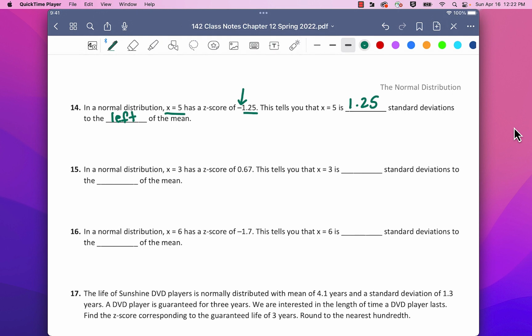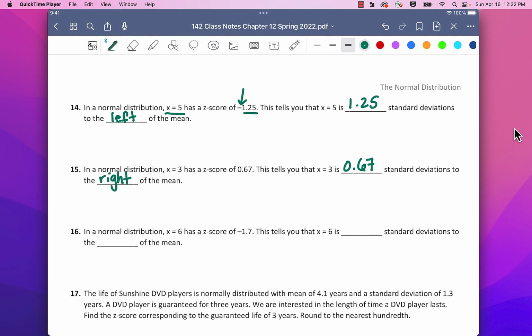The next two follow the same idea. In a normal distribution, x equals 3 has a z-score of, now it's positive, so note that, 0.67. This tells you that the data value x equals 3 is, and again we use the absolute value, just the distance, the magnitude of that z-score, 0.67 standard deviations. And then because it was positive, we know that was to the right of the mean.